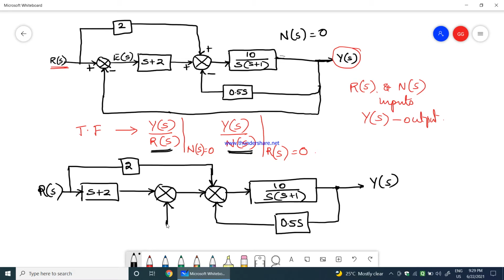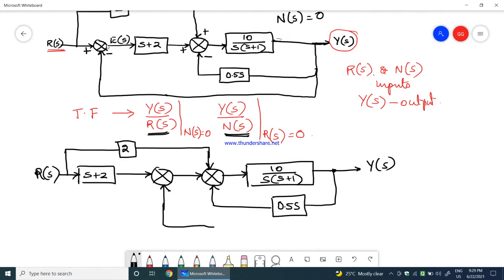Now what about this? This is very important. This was coming here, and when it was going here, it used to get multiplied by S plus 2, but you have shifted S plus 2 behind the summing point. Therefore, this will now get multiplied by S plus 2. So where I have replaced this unity feedback with S plus 2, S plus 2 is coming here and going here. It is fine, one and the same.